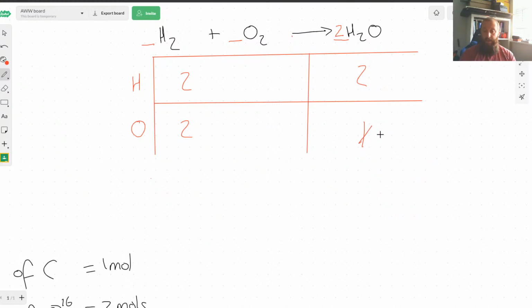So that means I've now got 2 oxygens, but I've also changed the number of hydrogen. And again, this is something students go, oh, obviously that can't work because now the hydrogen doesn't work. That's fine. I can deal with this. So the oxygen now matches. So what I'm going to do is put a 2 here. And that now works. Okay.